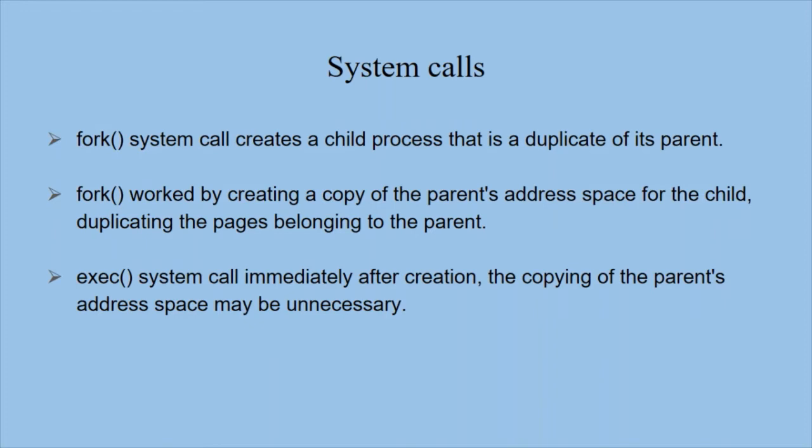First is the fork system call. It creates a child process that is a duplicate of its parent. It also creates a copy of the parent address space for the child, duplicating the pages belonging to the parent. Next is the exec system call. Immediately after creation, the copying of the parent address space may be unnecessary.